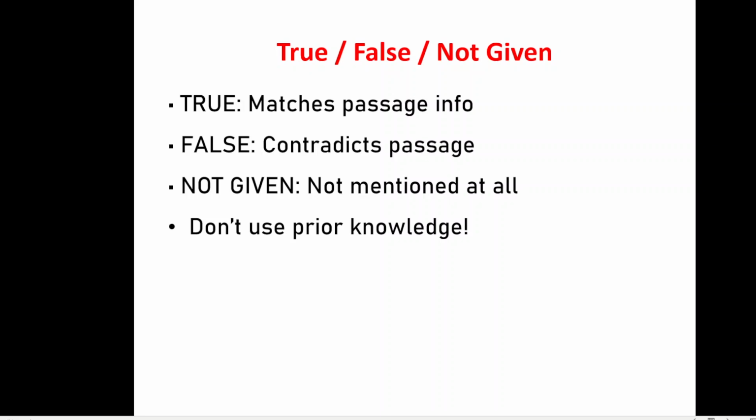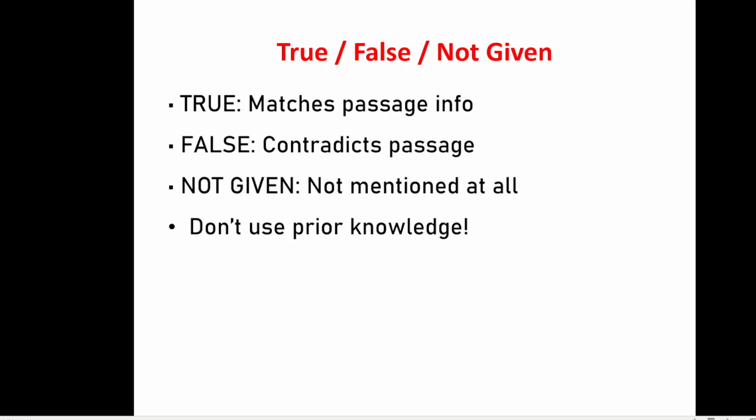Okay, so true, false, not given. Let's talk about what this means. It is true when it matches the information in the passage, not when it is your opinion, not when you think so, but when it matches the information supplied in the passage, not by assumption.